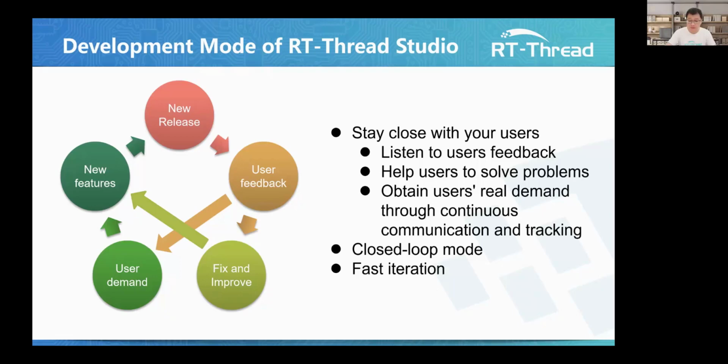We will give priority to repairing and improving hidden issues as soon as possible, and at the same time develop new functions for new needs, and then release a new version again. The whole process is a closed loop and iterates rapidly.